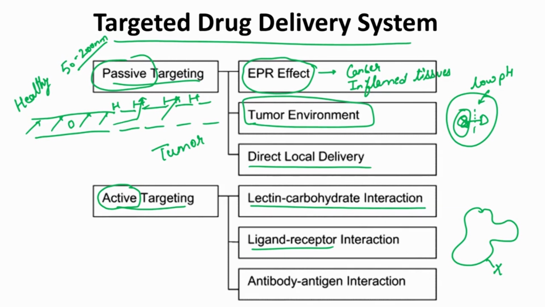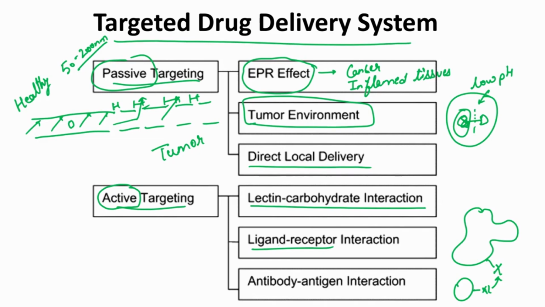Then if I put my particle with the ligand of X, then this is actively targeted to the tumor, because now this is going to go and bind to the tumor cells and the tumor microenvironment. So, that is active targeting.